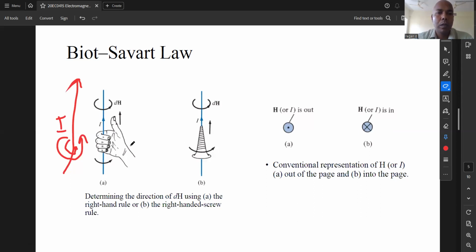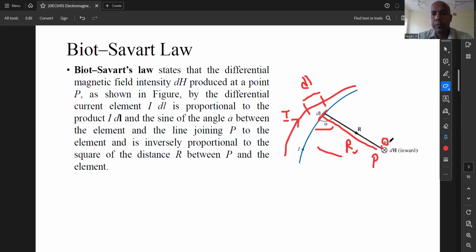Now we can identify the direction of the magnetic field by two symbols: one is a dot, one is a cross. I have shown that in the figure also. See that the current element is here, the position is P, and the relating vector r is here.